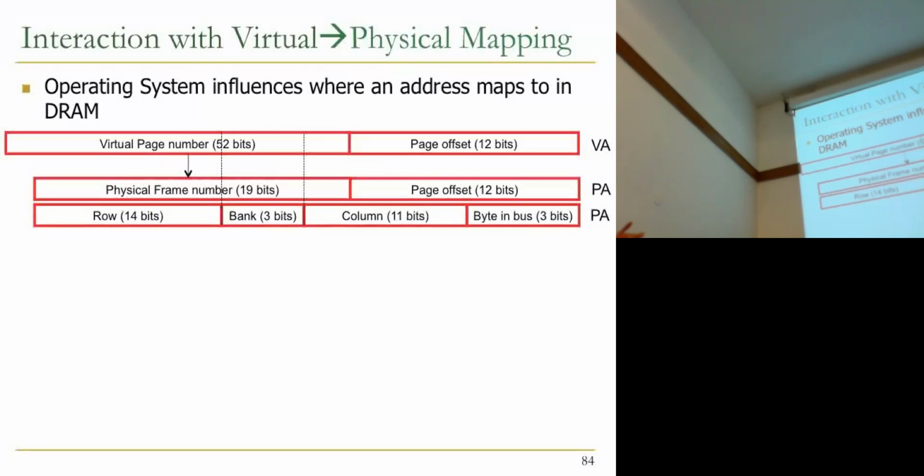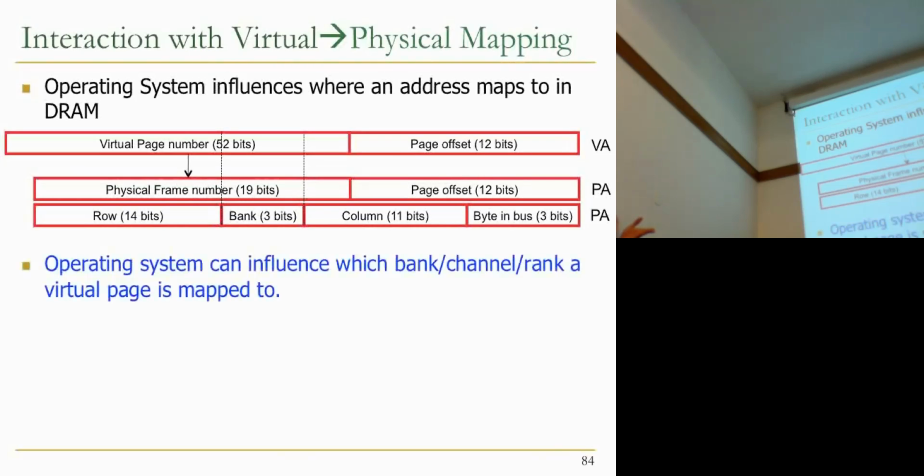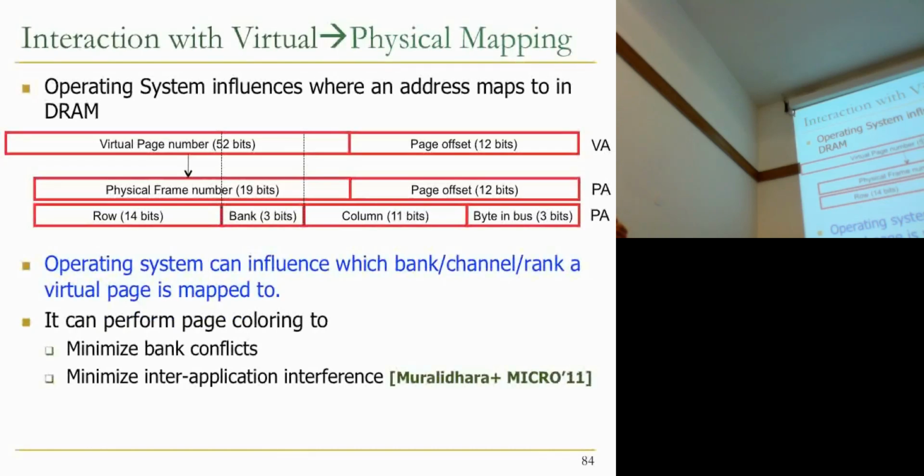So for example, if you have your physical address, and your bank bits are coming from this set of bits, the operating system can influence which bank a virtual page gets mapped to during this virtual to physical address translation. It can perform page coloring to minimize bank conflicts.